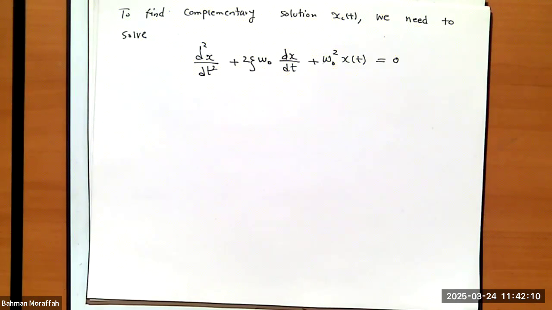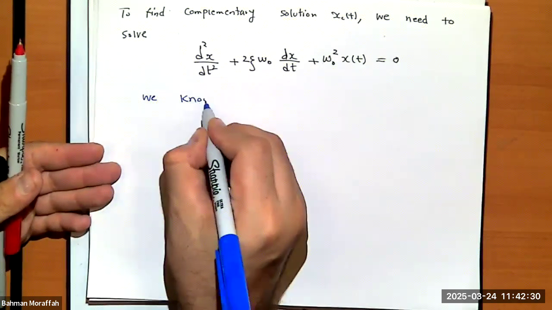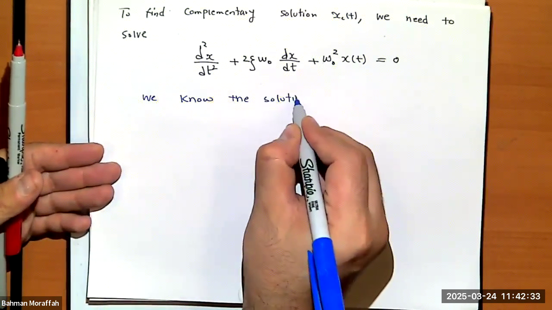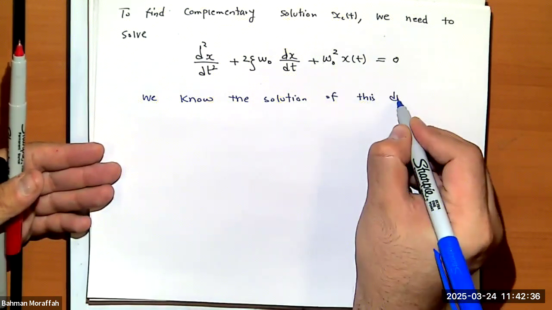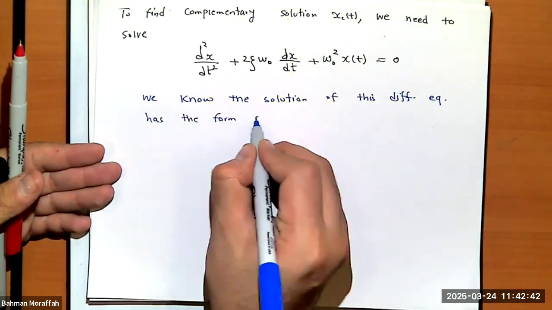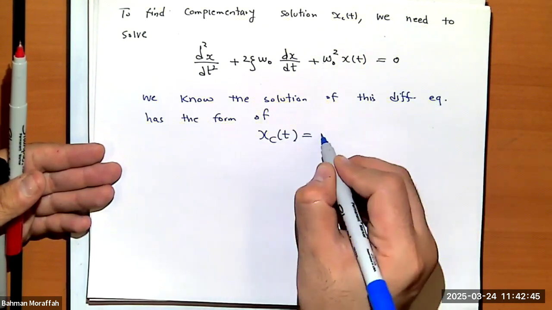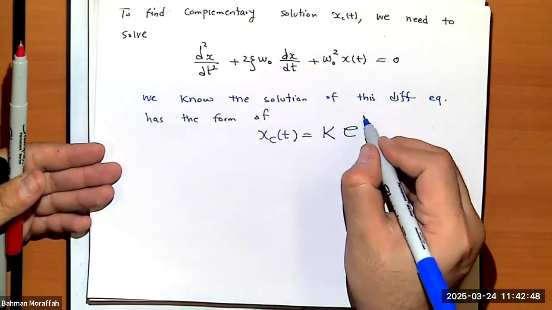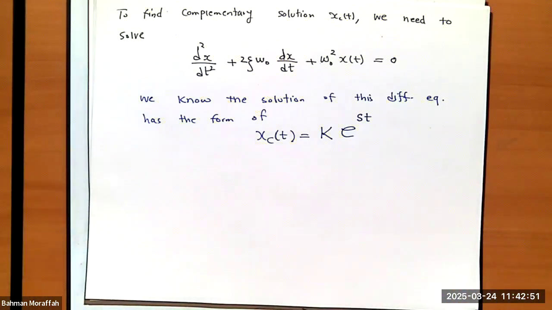We know the complementary solution of this type of differential equation is some constant times e to the power of st, right? The idea is, what is that s? So we know the solution of this differential equation has the form xc of t is some constant k e to the power of s times t, right?